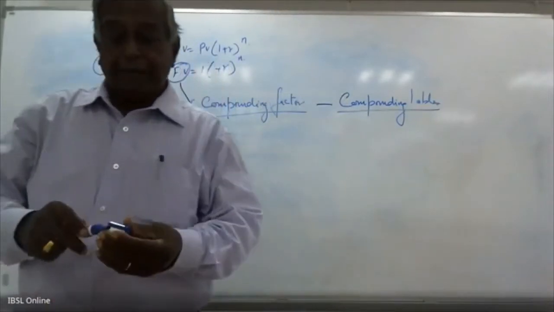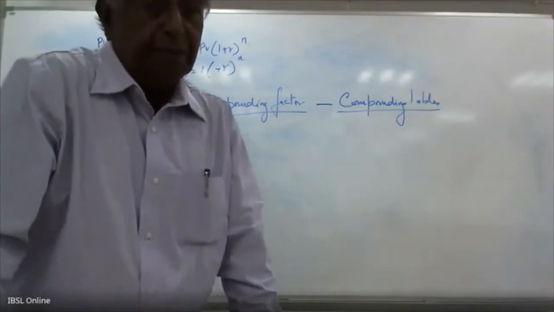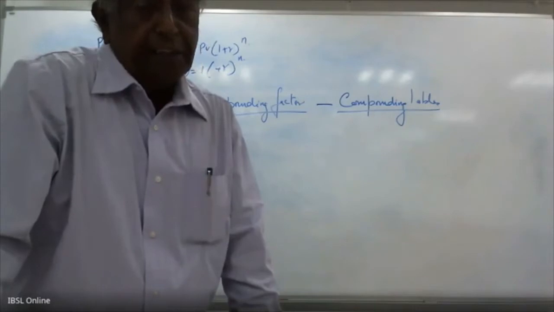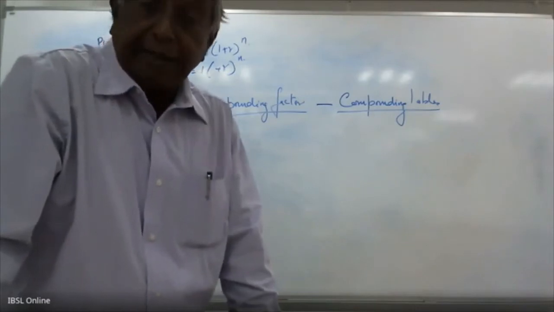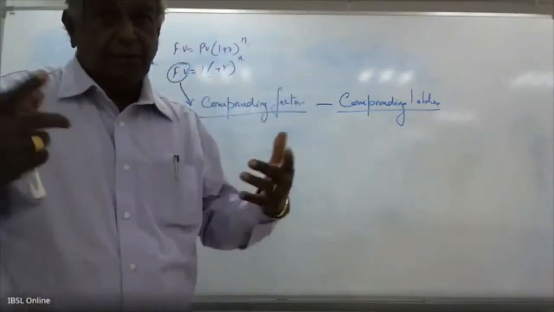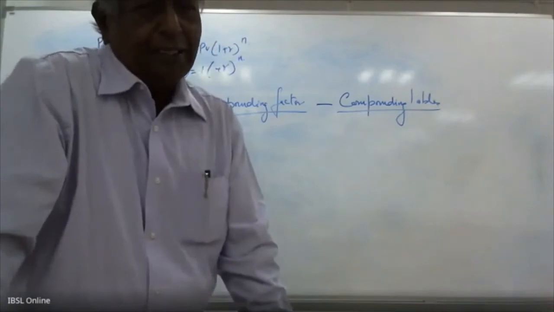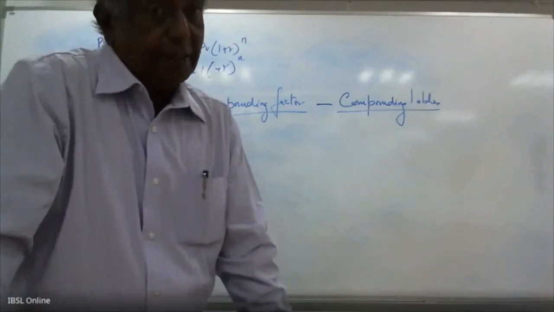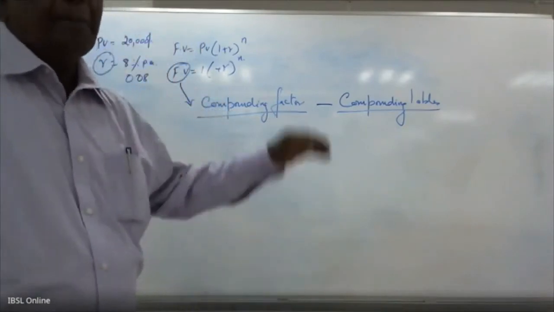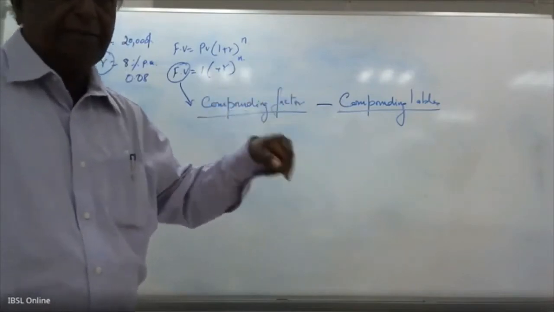When you studied mathematics, there were various tables: logarithm table, anti-logarithm table, sine table, cosine table, tangent table, cotangent table, maybe in 8th or 9th standard. Similarly, the compounding table is also there.